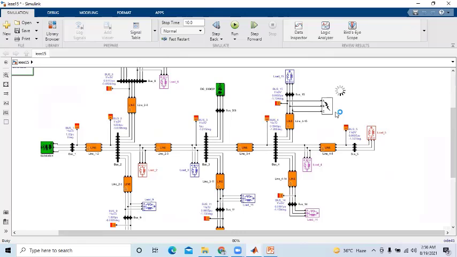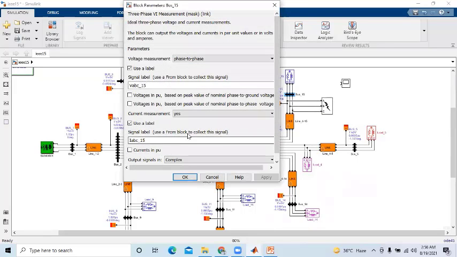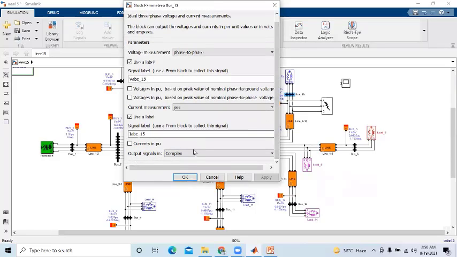With the help of a scope, we will be able to see the various voltages and currents in the section during the fault time period, and pre-fault and post-fault as well. So when we click it, we would like to measure the currents as well for this block.